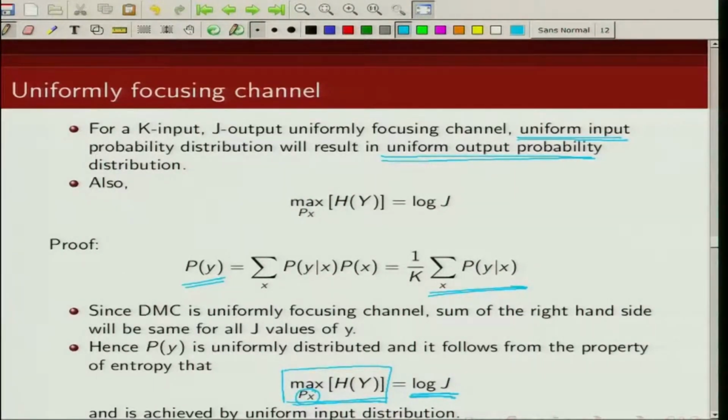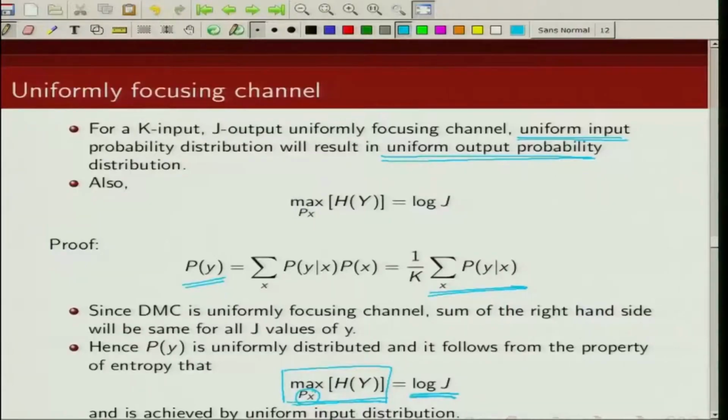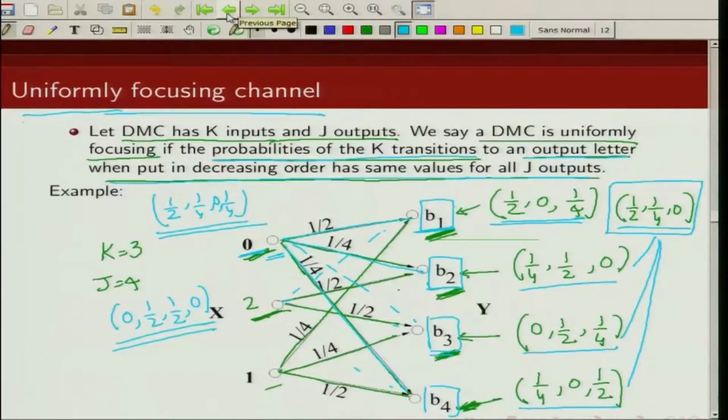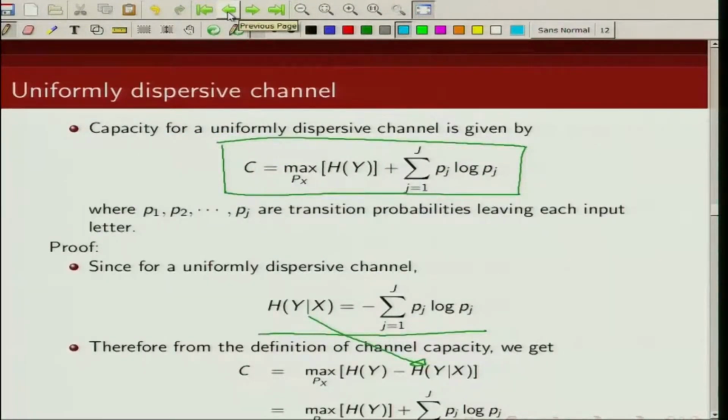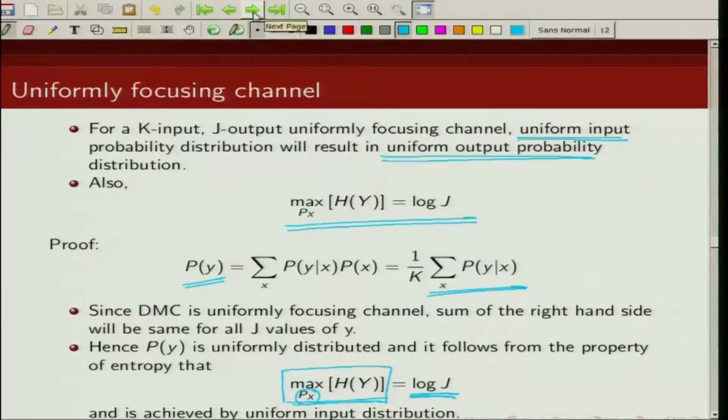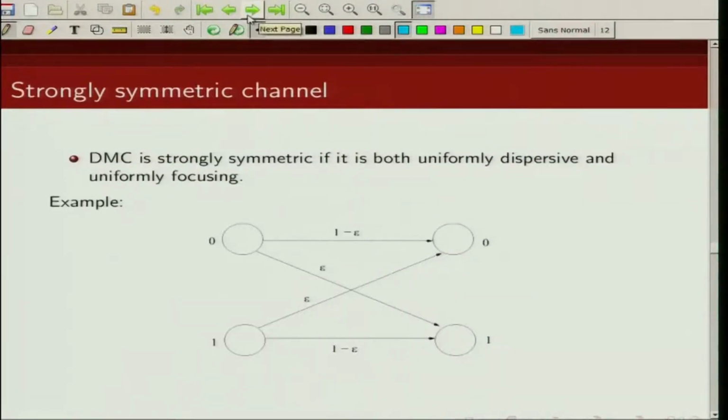Now, for a uniformly focusing channel we were able to get the maximum value of this, and for a uniformly dispersive channel we were able to get the expression for h of y given x. So what if a channel is both uniformly dispersive and uniformly focusing? Then we have the exact expression for this capacity, and that's what we are showing.